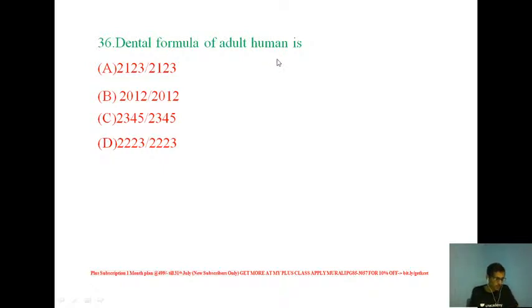So 2 incisors, 1 canine, 2 premolars. There are no molar teeth in children. That is the deciduous dental formula. This is the adult human dental formula, remember. So the answer is A for 36.